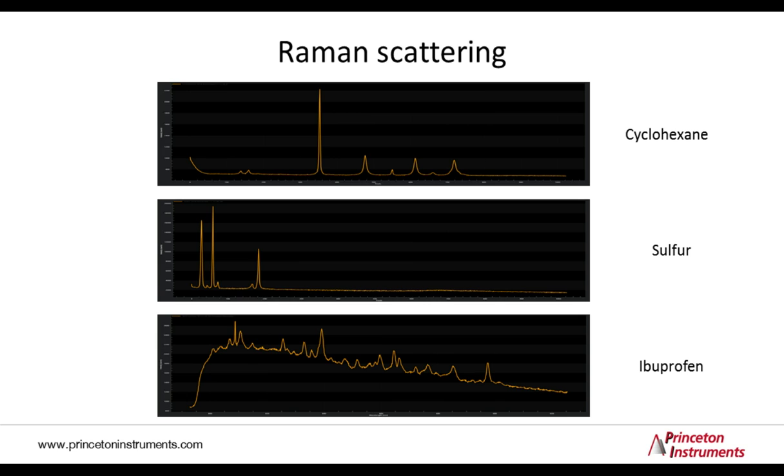In fact, those are unique identifiers for materials. So Raman is very widely used for material identification or probing if materials are contaminated, and that is the reason why.